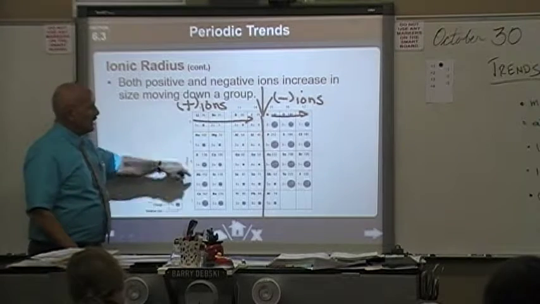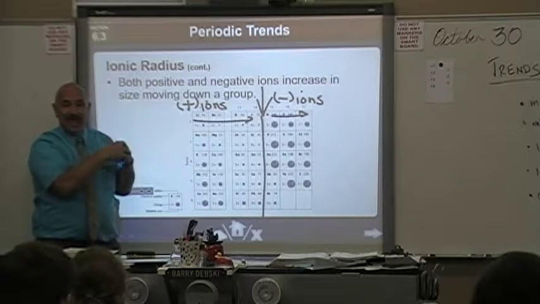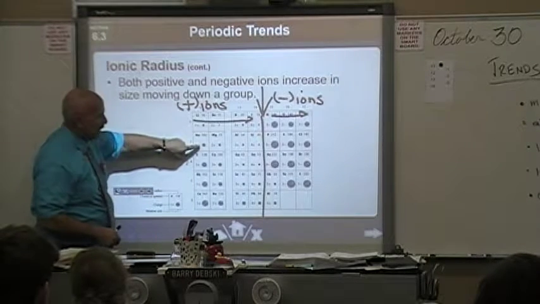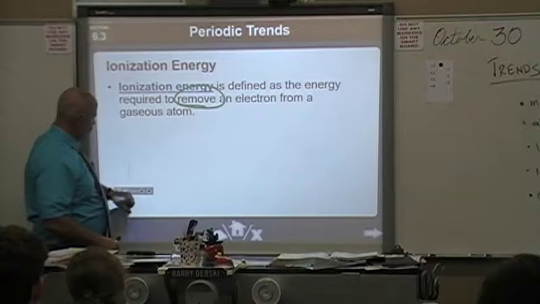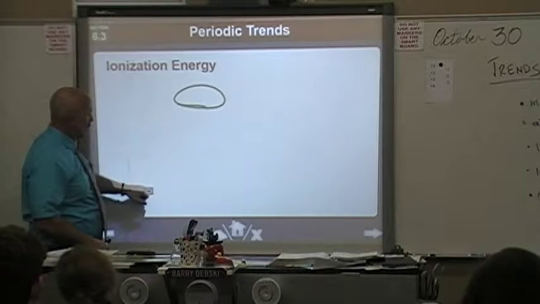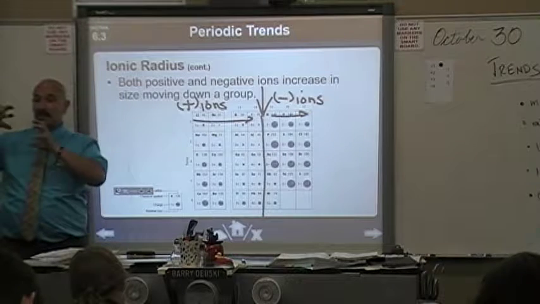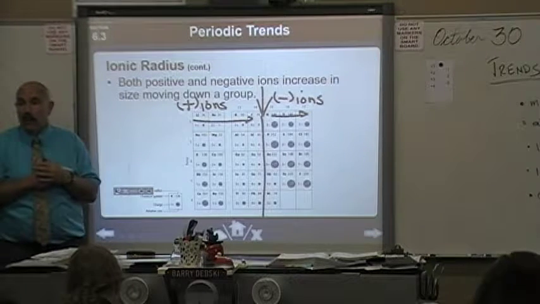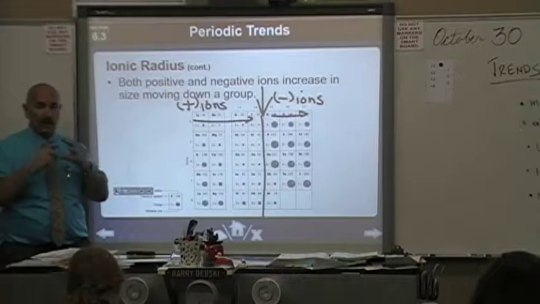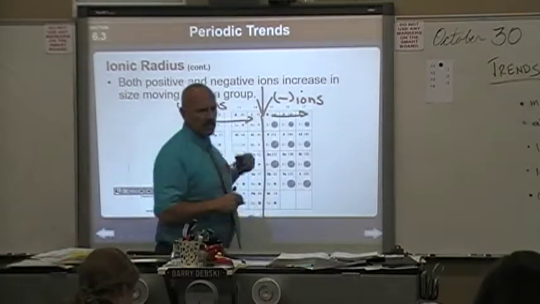So the reason these are smaller than they should be: if I compared this to the previous chart, which showed the size of the atoms, they're a lot smaller. It lost a whole energy level. Why don't these ones do that?